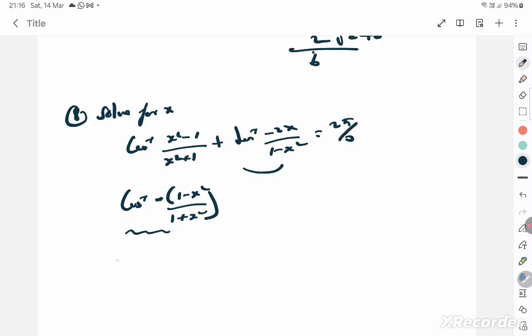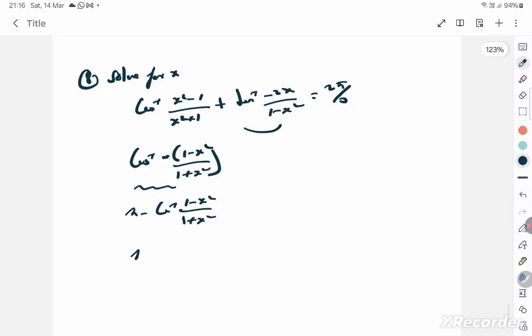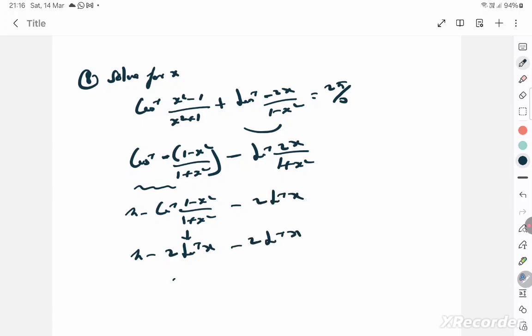So I'll write pi minus cos inverse of (1 minus x square by 1 plus x square), and this itself I can write as 2 tan inverse of x. Plus, in the other term there's a negative sign, minus tan inverse of 2x by 1 plus x square, which itself is minus 2 tan inverse of x. So it's pi minus 4 tan inverse of x.